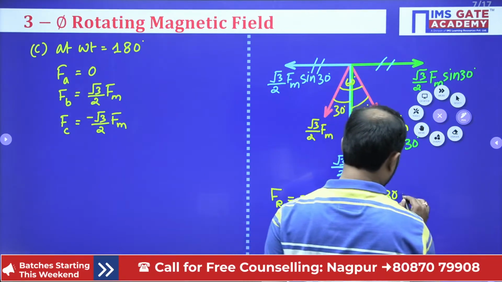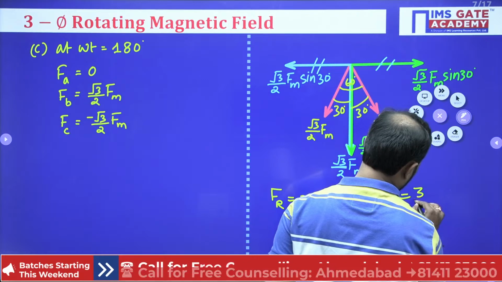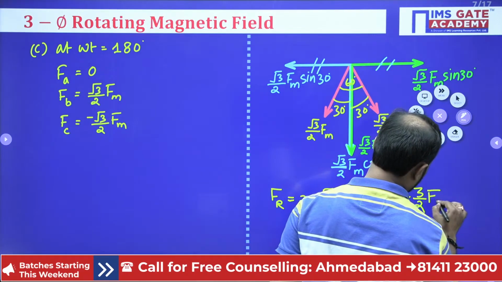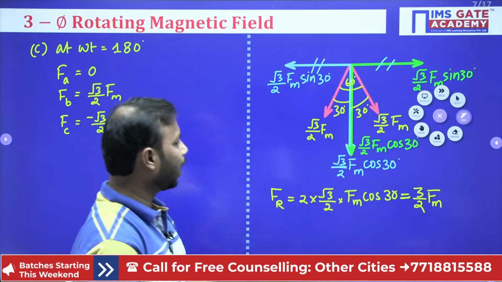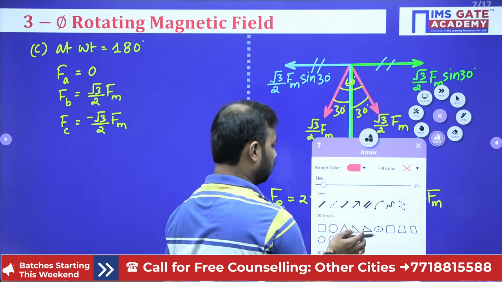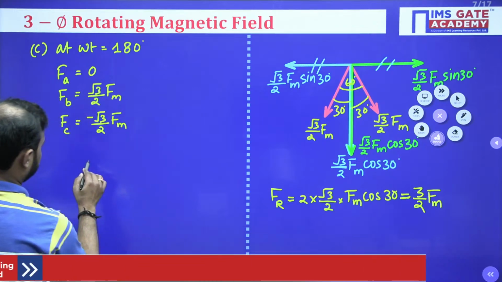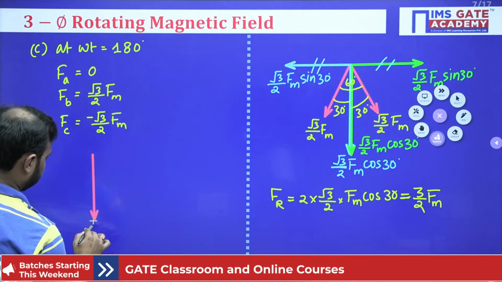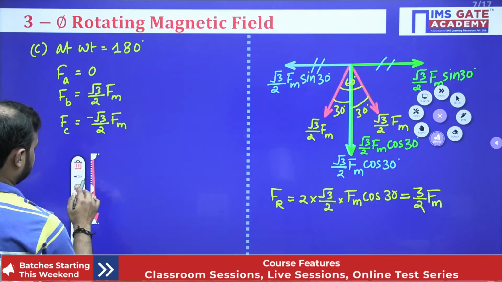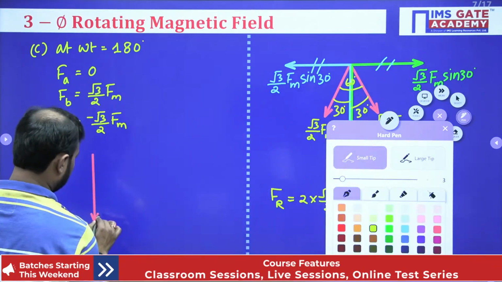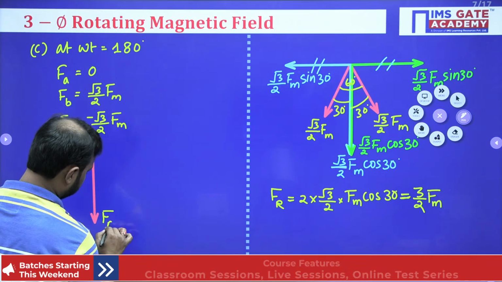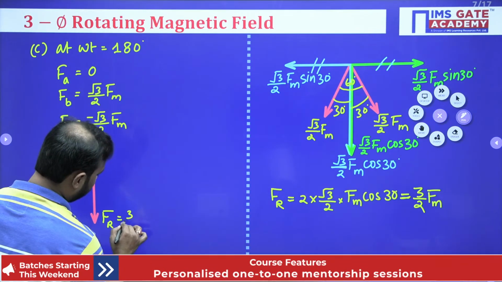Here you are going to get 3 by 2 Fm. 3 by 2 Fm. And what is the resultant direction? Resultant direction is downward. This is Fr direction, which is 3 by 2 Fm.